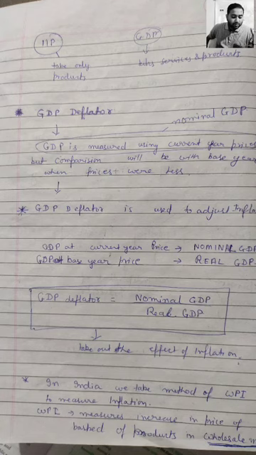But on comparing it with the base year, when the prices were less, we compare the GDP on current market price with the price of 2011-12, that is the base year.